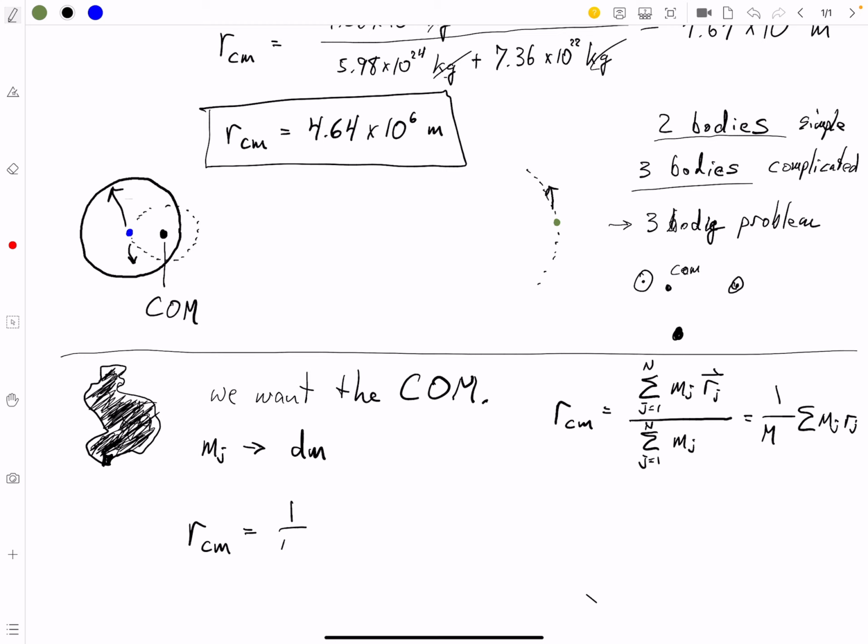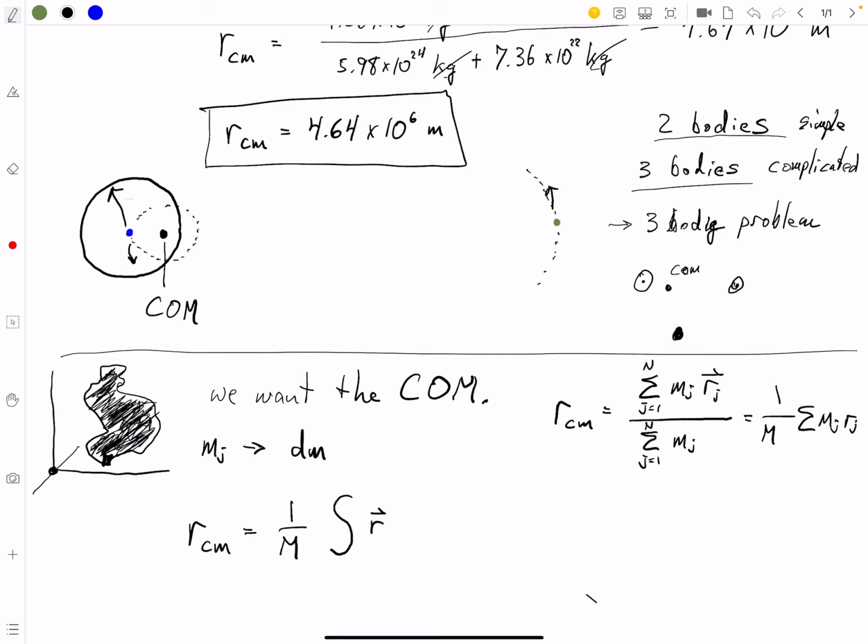So what does that mean for our R_CM? We're going to do 1 over the total mass of the object. We're going to do the integral of all of the different r's, and here's what we do. We define a coordinate system where there's our origin.